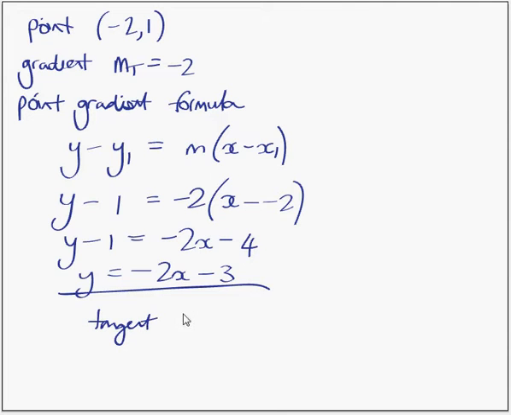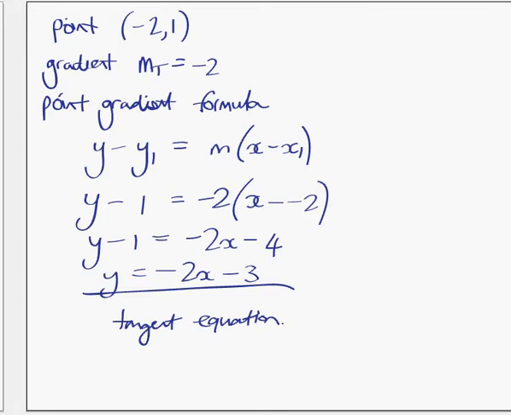We're also asked to find the equation of the normal. Now it will have the same point, which is -2, 1. But it will have a different gradient.